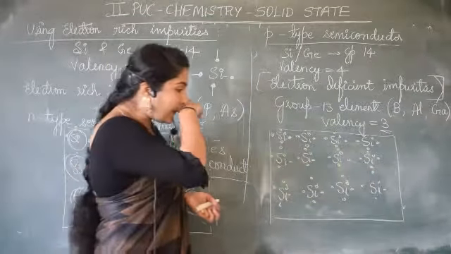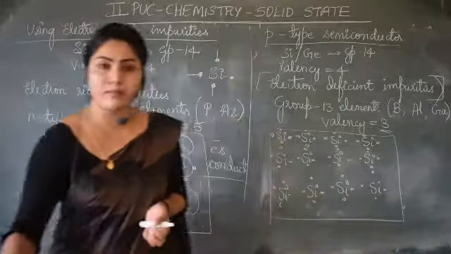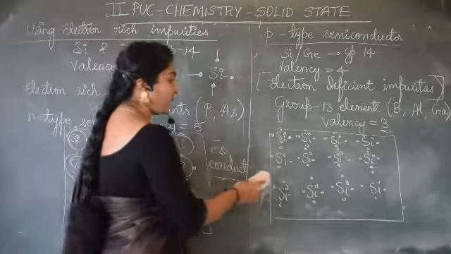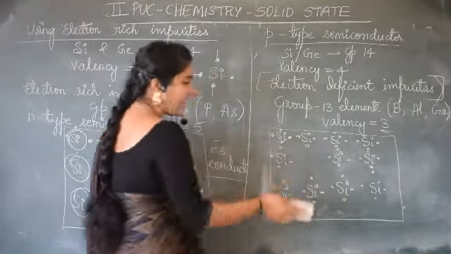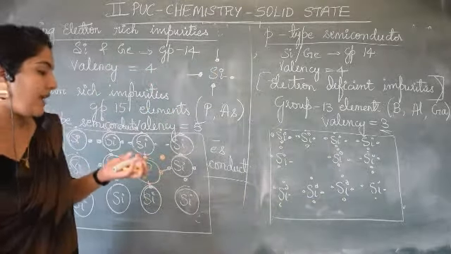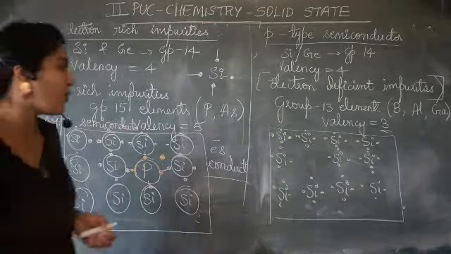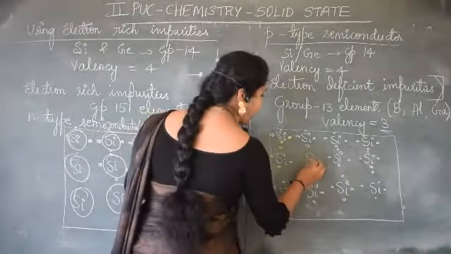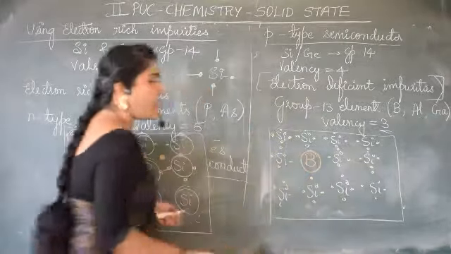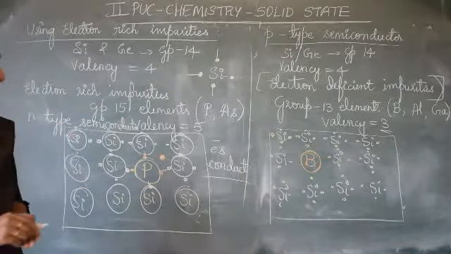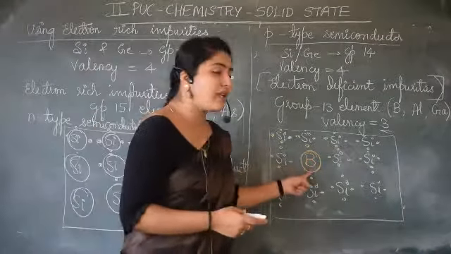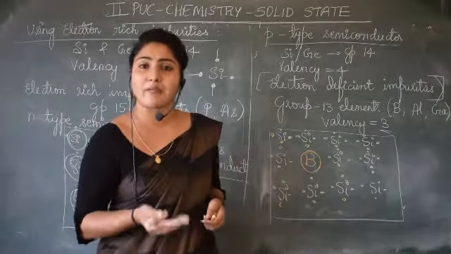Now what happens when you add an electron deficient impurity? Say one silicon is replaced by one boron atom. If boron is the impurity that you are adding, boron occupies the position. How many bonds can boron form?